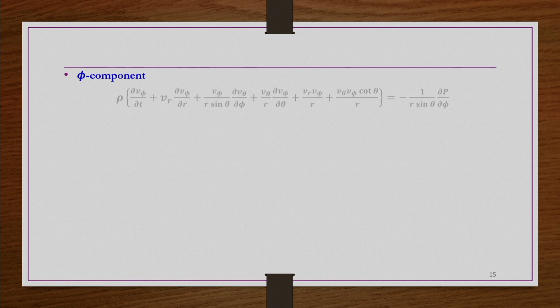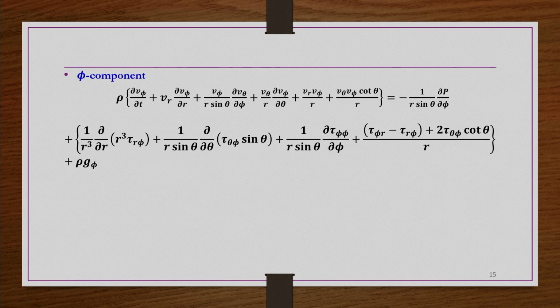Now the phi component, so this is the equation. Applying the constraints of the problem, this is steady state, so 0. Vr is 0, because of symmetry this term is 0, V theta is 0. On the left hand side we do not have any terms, and because of symmetry this term is 0.